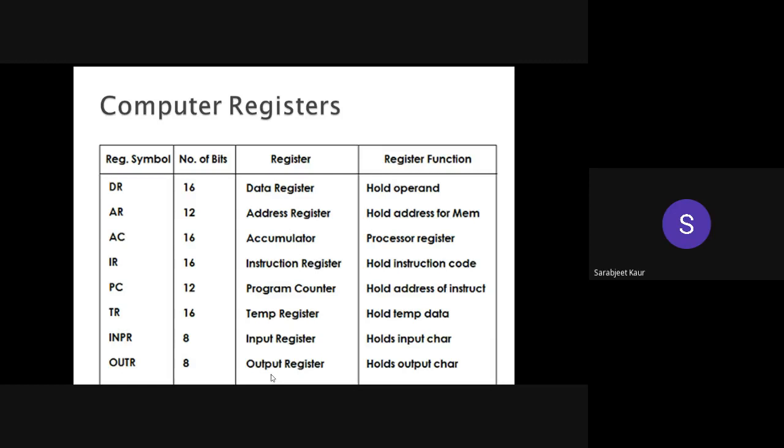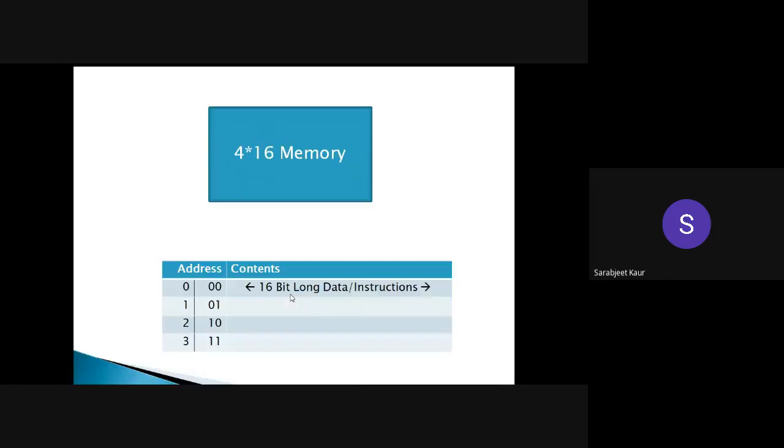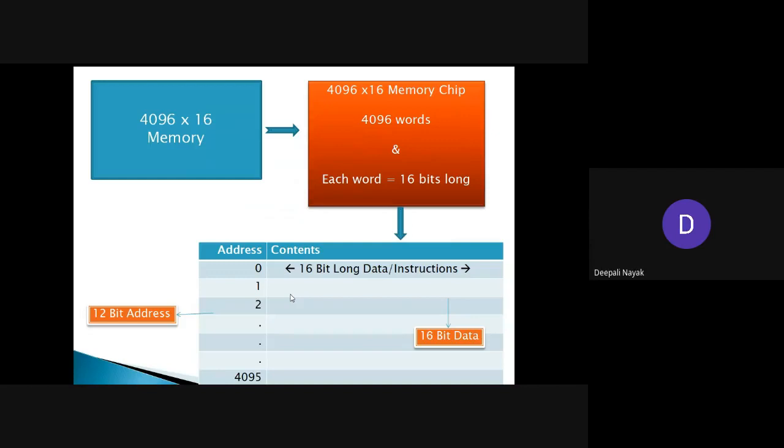Now we had also discussed why these registers should be of a particular length only. It depends upon the configuration of the main memory, which in our case happens to be a 4096 x 16 memory. Yes or no? Yes, ma'am. We had agreed that in this kind of memory, there are 4096 locations, that is, addresses, and each address is capable of storing 16 bits of data.